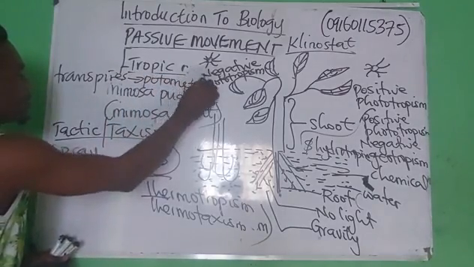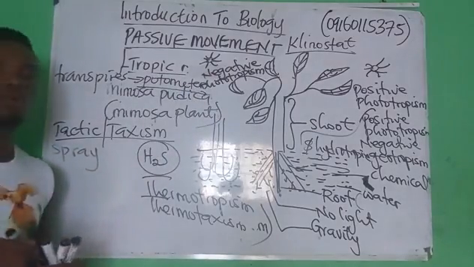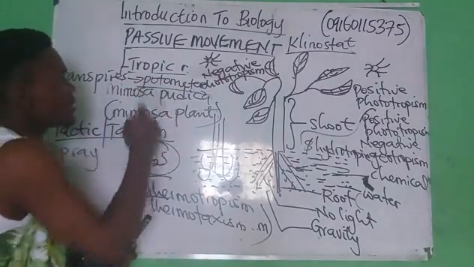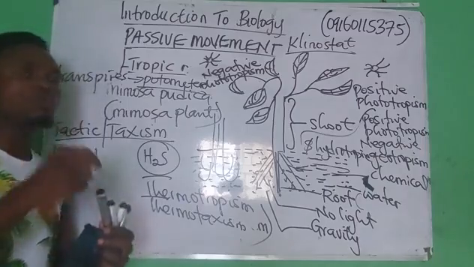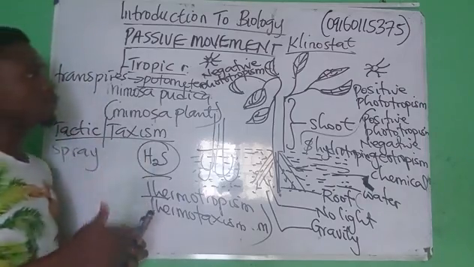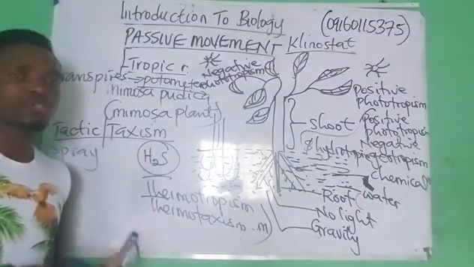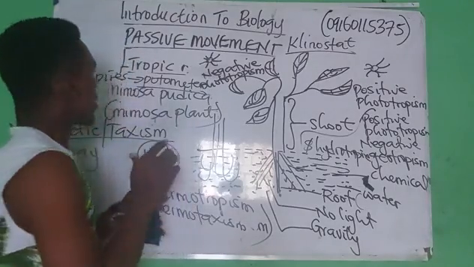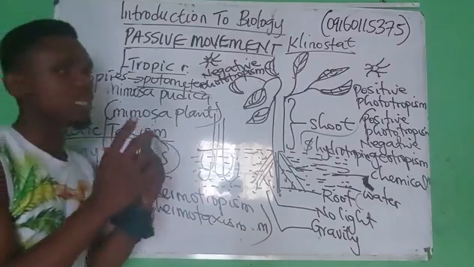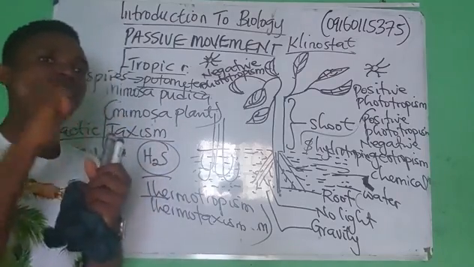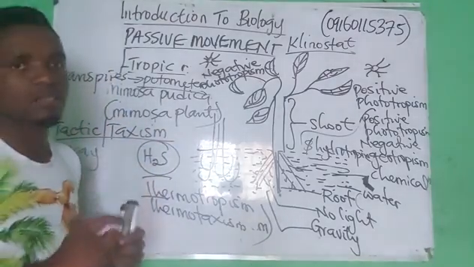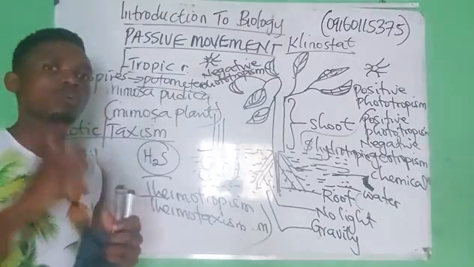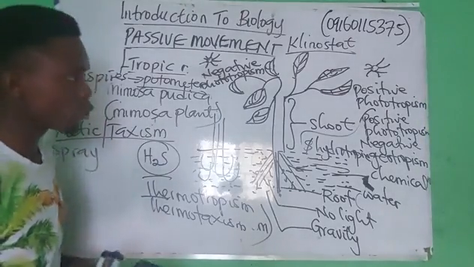Potometer. Potometer is the instrument used to measure the rate of transpiration in plants. What is transpiration? Transpiration is a phenomenon characterized when a plant loses water in the form of what? Gas. All right, in the form of gas or what? Vapor. Take note of that.